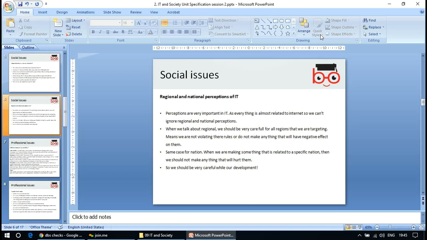So any development in IT, development in rules, maybe development in policies, should have some effects at the regional as well as national level. It should be suitable for regional and national level.